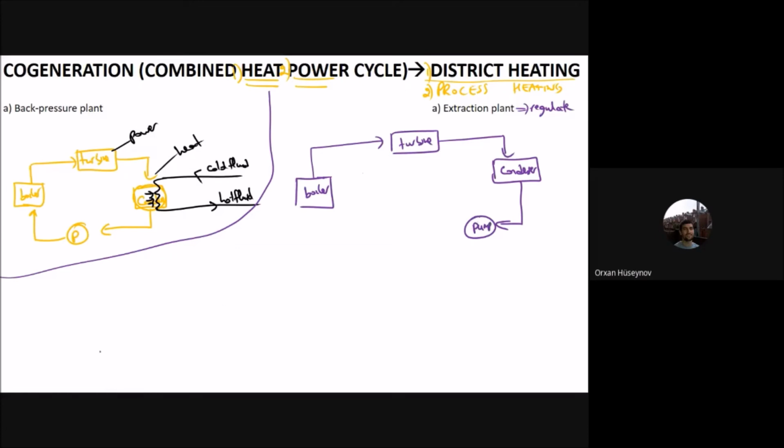Just before adding the pump, let me stop at the outlet of the condenser, because I will add the pump later. What we are doing here is extracting some flow from the turbine, and also taking a line from the pipe of the boiler. You add a valve here, and you mix them together.